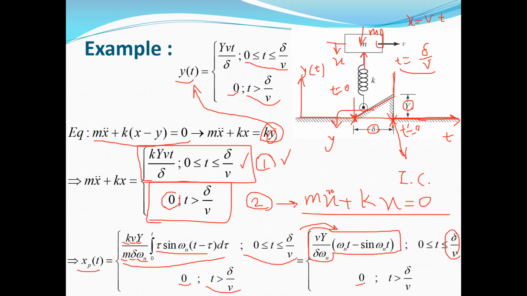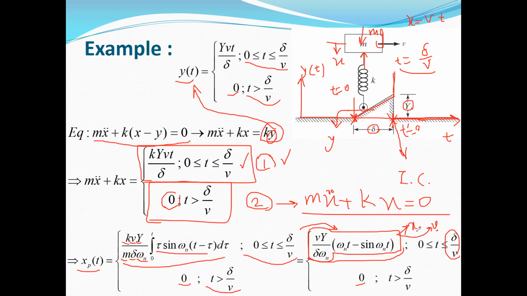You should substitute t is equal to delta divided by v, and we can obtain x naught. And for v naught, we can find the derivative of this term, the derivative of x of t, or x dot, which is v, and then again substitute t is equal to delta divided by v, and then we can extract v naught.